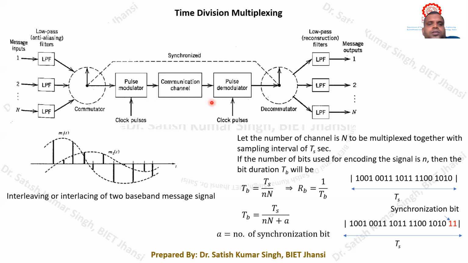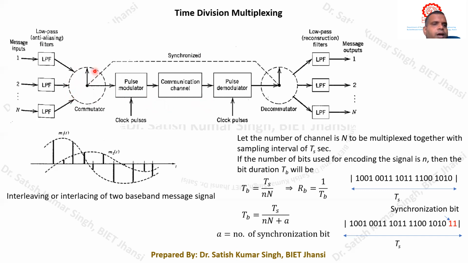So here you can see that when this rotatory switch is rotated at a certain frequency, you will find that at a regular interval of time, it is taking the samples from all the message signals. For example, first it is connected to message input 1, then to 2, then 3, 4, and so on.